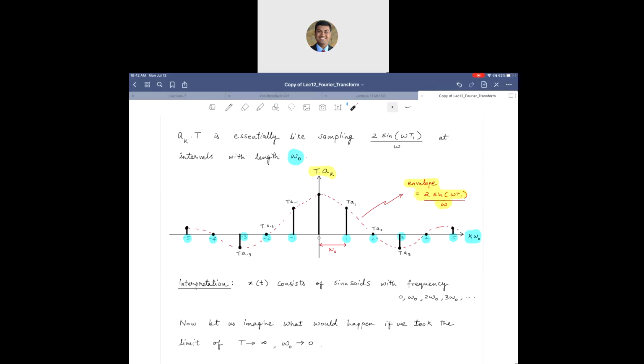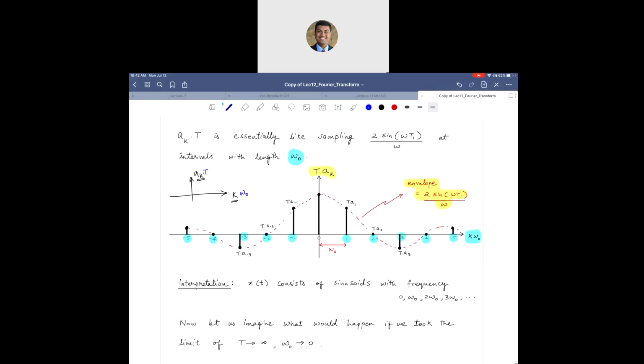So you guys remember earlier we were talking about k versus a_k, right? Those Fourier series coefficients we are sketching as a_k versus k. Now we are putting in ω0 and over here T. Our shape is the same, but notice what happened.